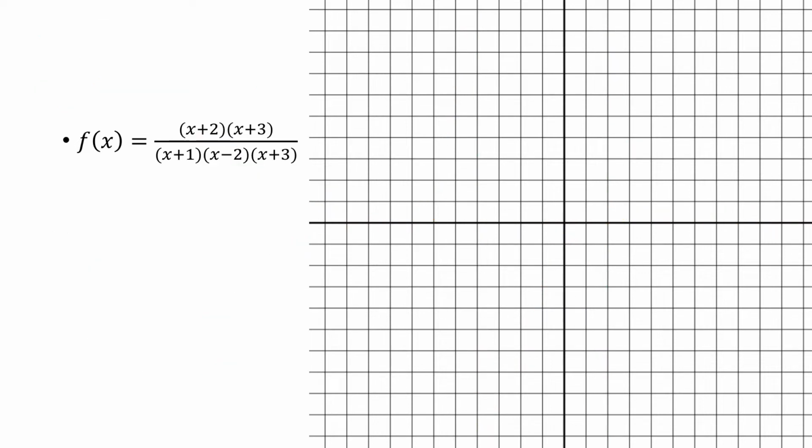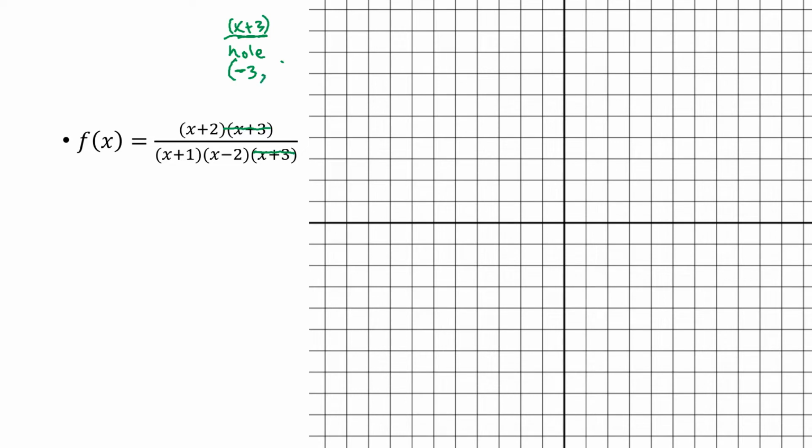On this particular question, we already have everything completely factored, but notice that some of this is going to end up canceling out. So our x plus 3 and x plus 3 here is going to cancel out, which means, of course, that at x plus 3, for this particular factor, we're going to end up with a hole. So our hole is going to have an x value of -3 because that's the root of x plus 3.